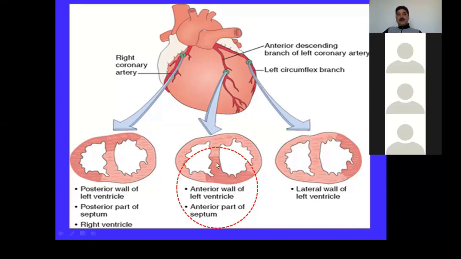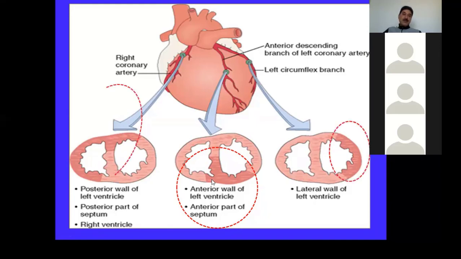In the anterior part of the septum, it supplies the anterior 2/3 of the septum, and it also supplies the adjacent part of the right ventricle. You can see in this diagram, it supplies in the form of the letter T. You have the interventricular septum, part of the left ventricle, and part of the right ventricle which lies adjacent to the septum.